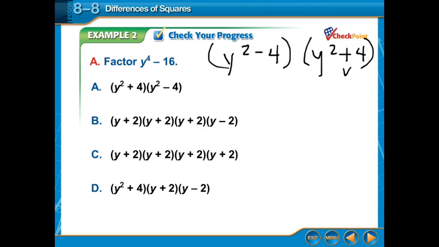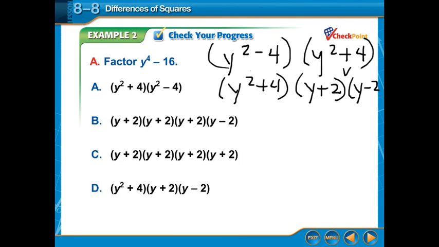This one I cannot factor, but this one I could factor again because that's the difference of two squares. So I'm going to keep y squared plus 4 just like it is, but I'll factor the first one as y plus 2 and y minus 2. And again, you just need to learn to recognize them for exactly what they are, and that will give you answer D.